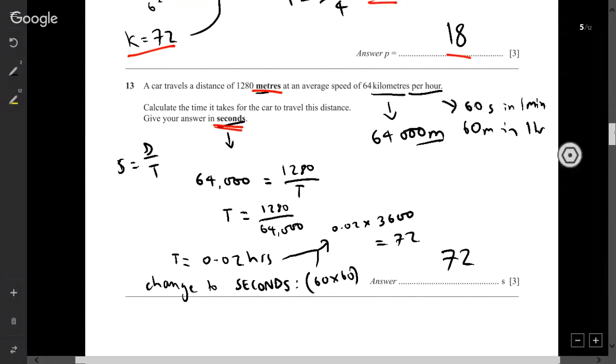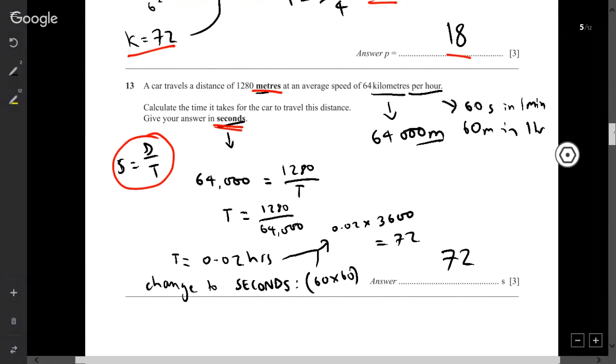So first of all, speed equals distance over time. That's your equation for this. First of all, I'm going to change these kilometers into meters. So all we do there is times it by 1,000 because there's 1,000 meters in a kilometer. So that's 64,000 meters. Just to remember, there are 60 seconds in a minute.